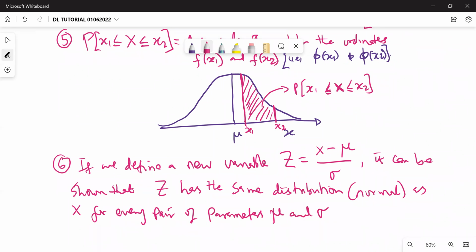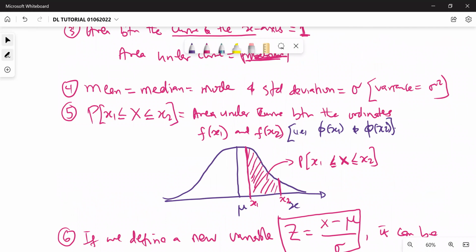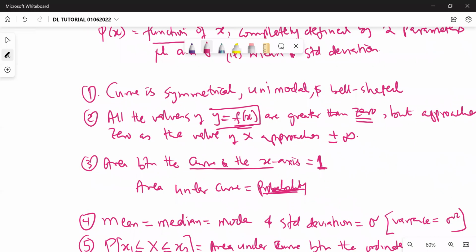So as long as the mu and sigma you are using here is the same one you used in this formula, then X and Z have exactly the same distribution. And that's a very important property of the normal distribution.